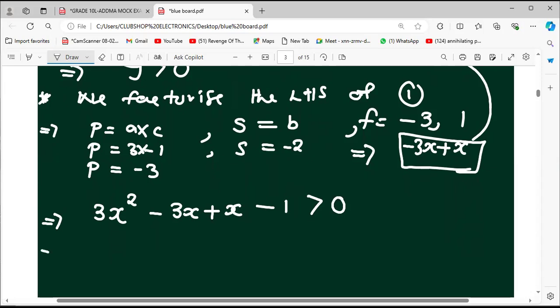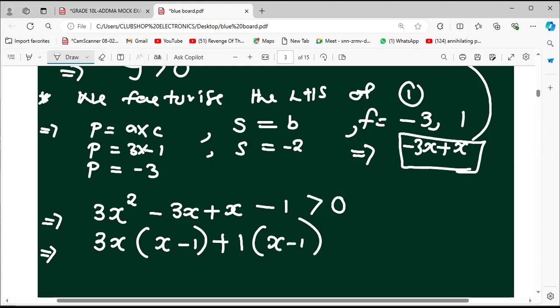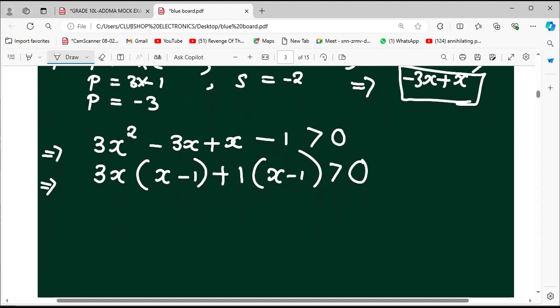So now this implies that when we factorize what is common, we pick 3x, we have x minus 1 plus what is common here is 1, x minus 1 is greater than 0. So what is common here is x minus 1.